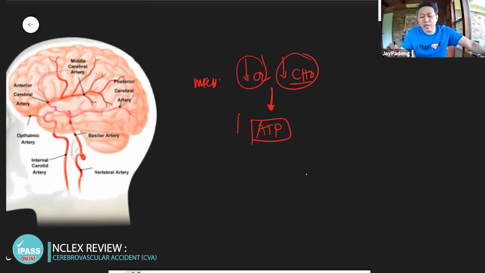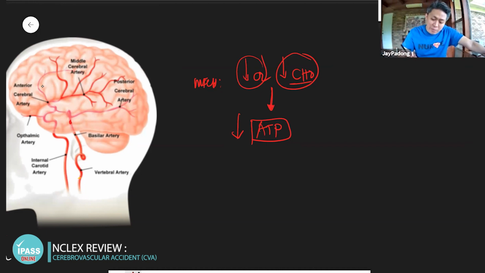Decreased ATP. ATP is basically your fuel for everything in terms of metabolic process. This is talking about neurons already. If you don't have ATP, everything is useless. Your action potential is useless. Your neurotransmitters are basically useless because they're not able to process your sodium, your potassium, your calcium.